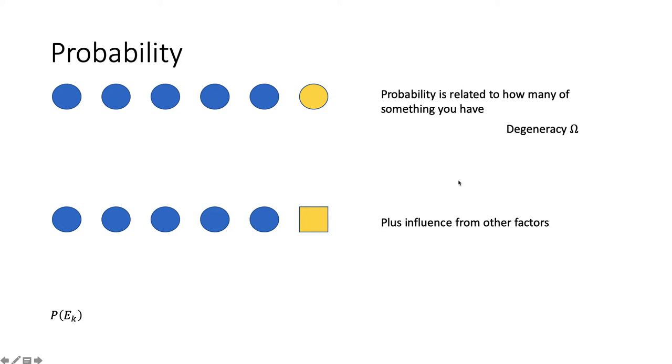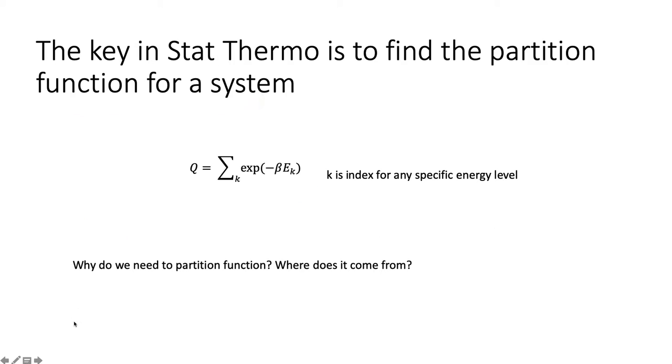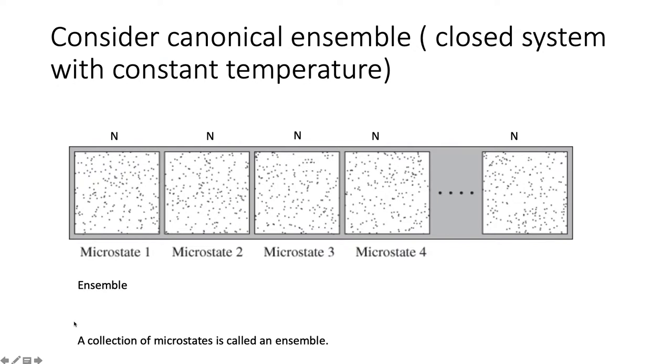We can still count it in a similar fashion, but we just have to make the equation take into account the other factors. So how do we find the probability that a system is in the energy level k, which is what's going to be required in the partition function?